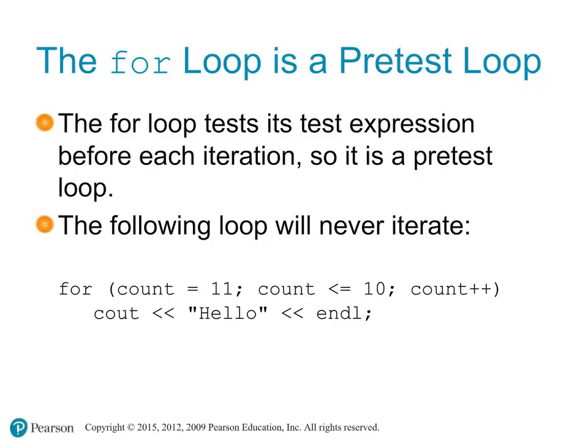In this example, the loop will never iterate because the test expression counter less than or equal to 10 is false from the start. The output will be empty. Hello will not be printed. Unlike a do-while loop, which is a post-test loop and guarantees at least one execution, a for loop may not execute at all if the initial test condition is false.